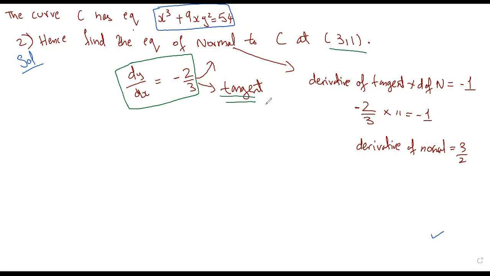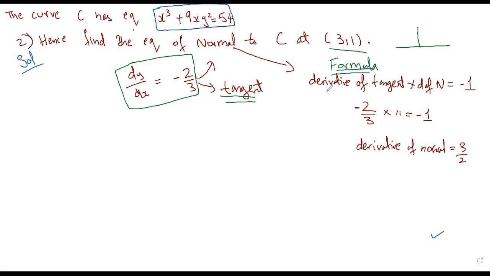The concept is, if this is the tangent and this is the normal, these are two perpendicular lines, so derivative of tangent into derivative of normal is -1. This is a formula we should know.